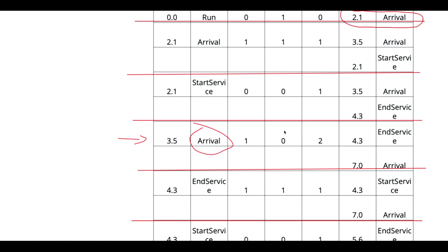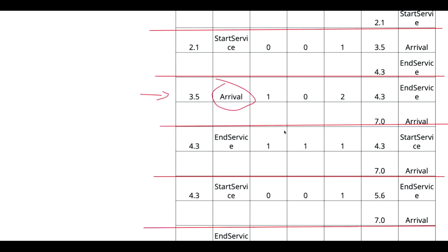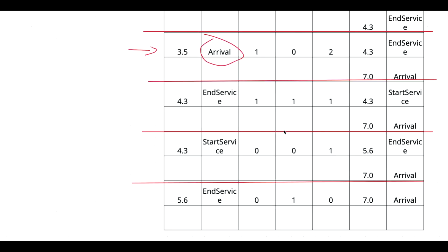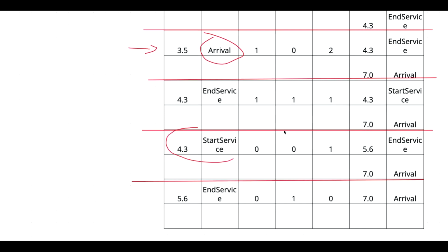Because that guy got executed. I mean, he got service when the server became available and scheduled the start server. In other words, it was another event that allowed that customer to go to the queue.